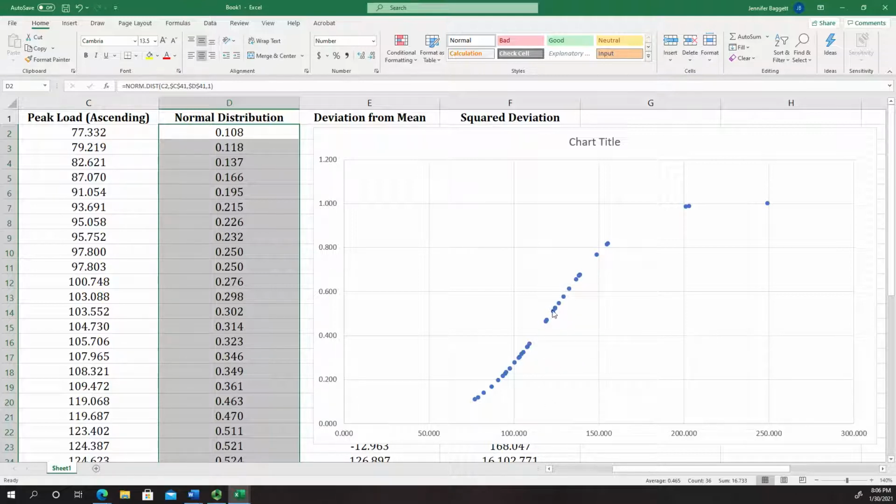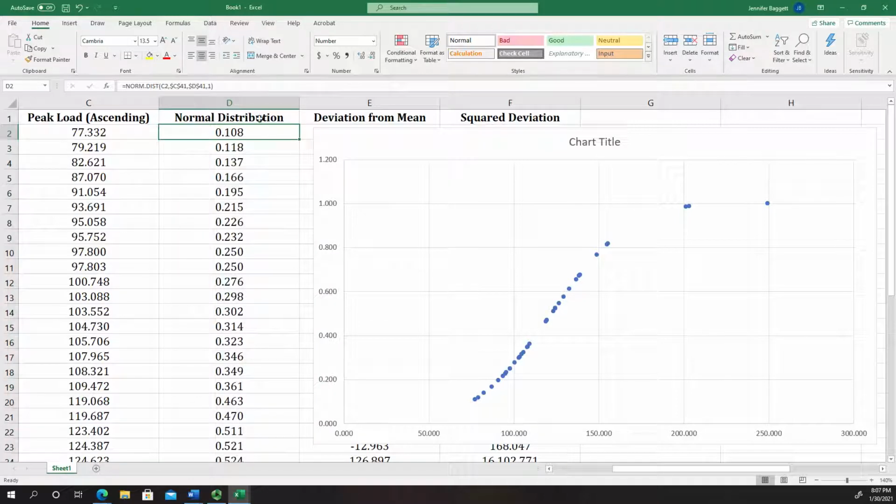So around 50% would be our 122 pounds. So we have about half the values below it, and at that 122 pounds, we would have half the values above it. So at 60, we would have 60% of the values under and 40% of the values above. So that's a cumulative normal distribution, not a normal probability density function.